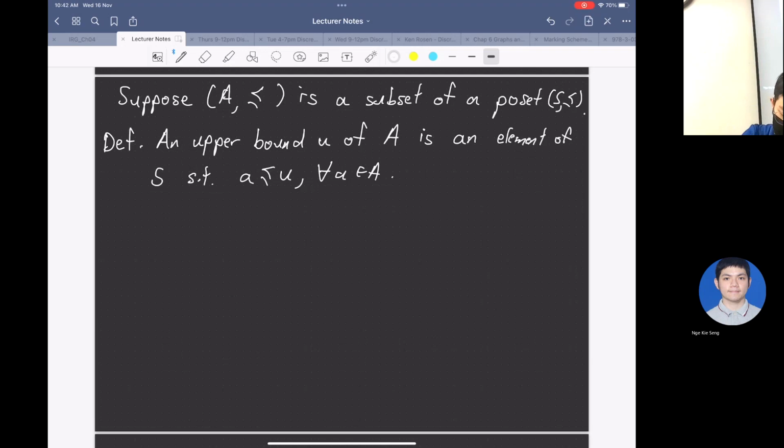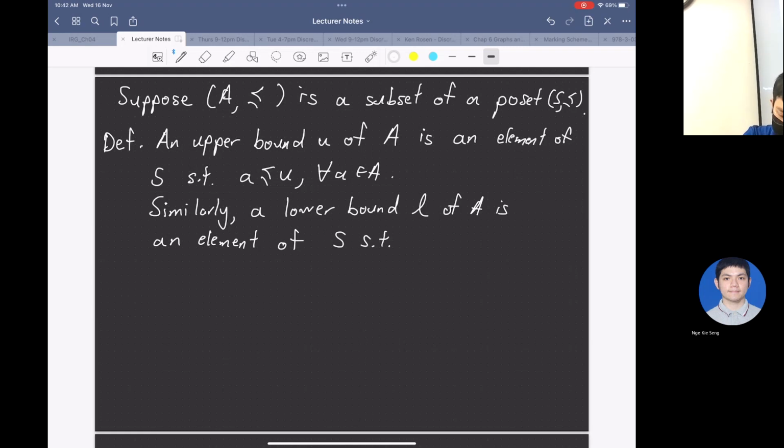And a lower bound is the element that can bound from the bottom, which is less than or equal to all the elements. Lower bound bounds from the bottom, and upper bound bounds from the top.